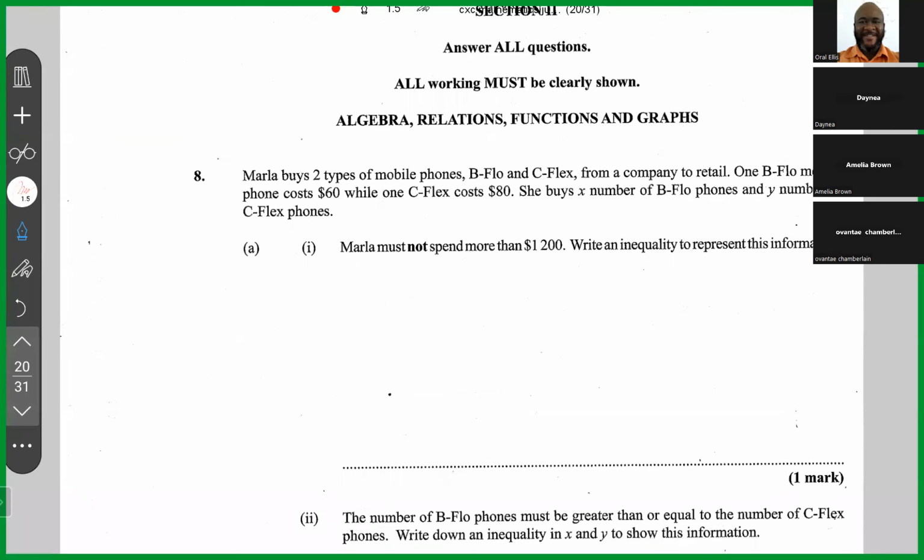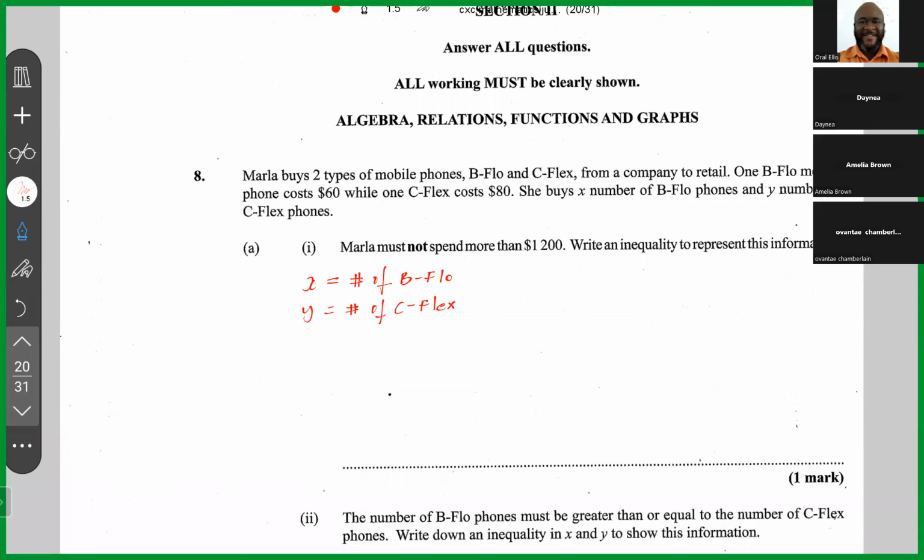She buys x B-Flow, so x is the number of B-Flow, and I'm guessing y is the number of C-Flex. All right, she buys x number of B-Flow phones and y number of C-Flex phones.